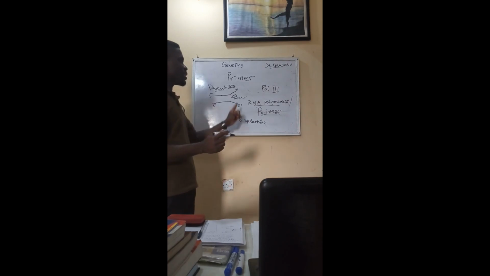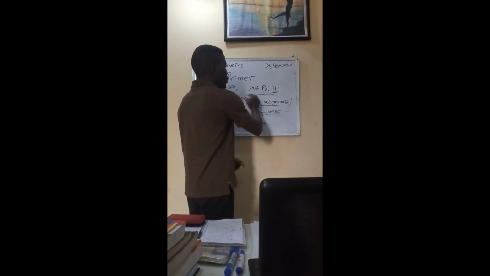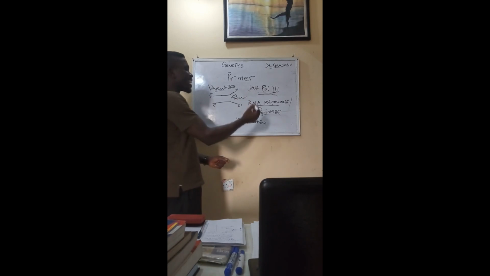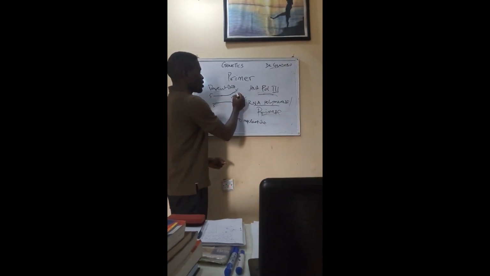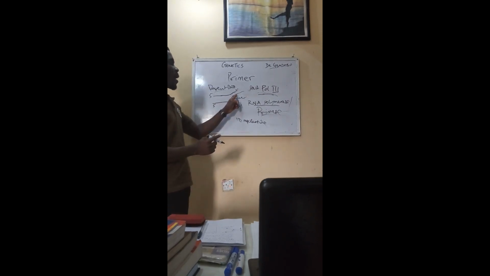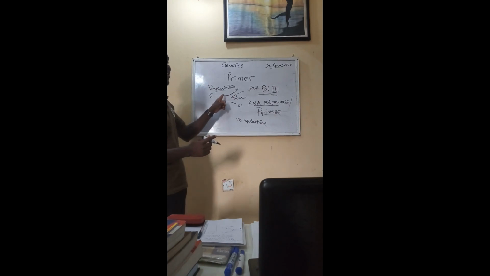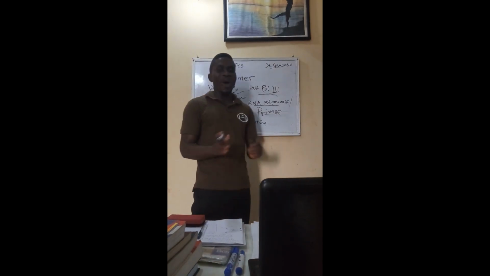It is upon this primer that has been built that DNA polymerase 3 can then start adding free DNA nucleotides to the growing chain of the parental DNA that is continually being unwound.